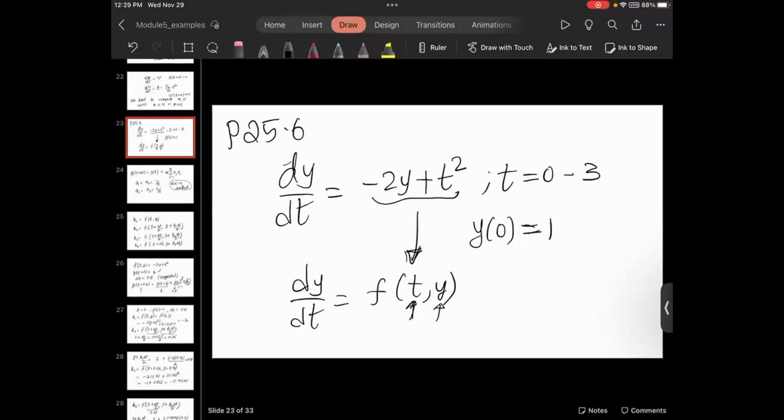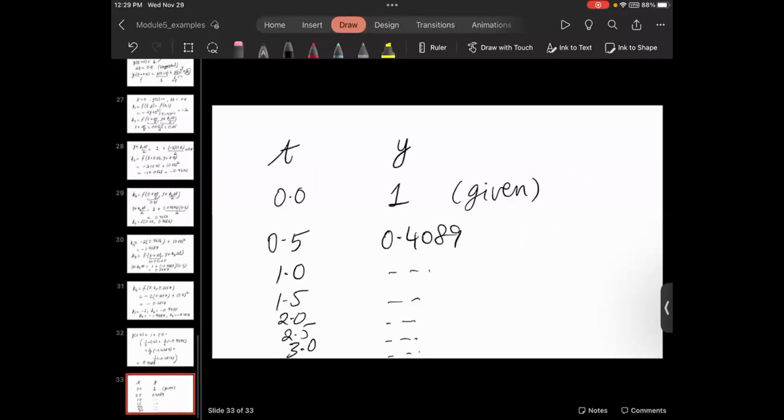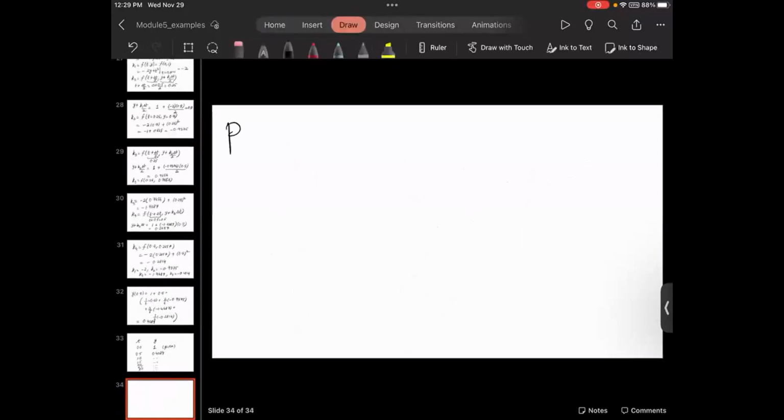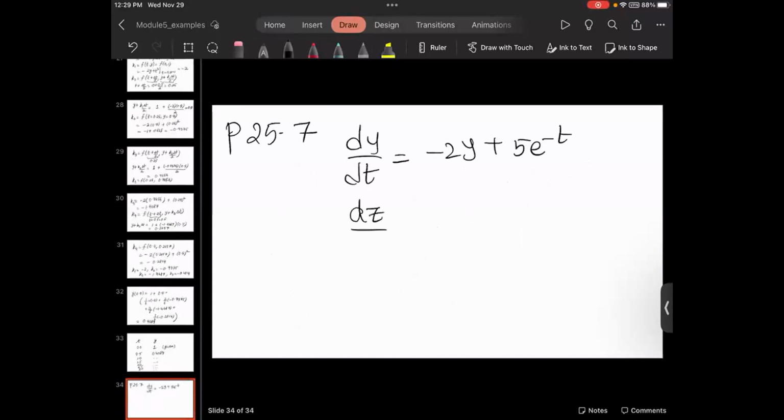If you look at problem 25.7, we have a system of two ODEs, which we will now try to solve as another example. So problem 25.7: dy by dt equal to minus 2y plus 5e power minus t, and dz over dt is minus yz squared over 2.